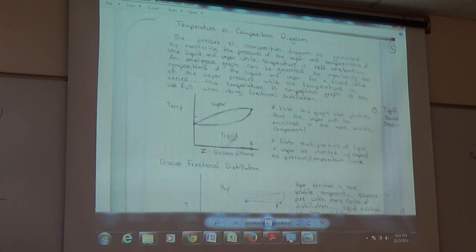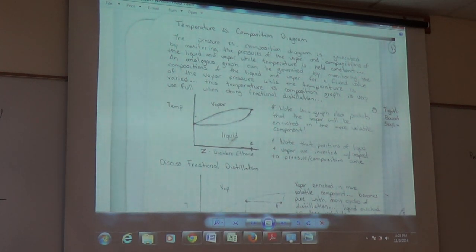Go ahead. Maybe I'm not understanding this graph correctly, but you have a line that tells you the fraction that's going to be liquid. Yeah, well, the x-axis runs from 0 to 1. When it's 0, you've got all of one component, and when it's 1, you've got all of the other component, right?